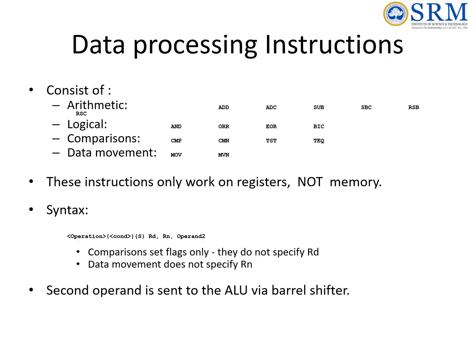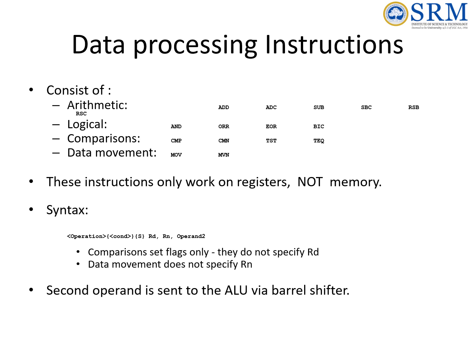The link bit is the 24th bit and the condition is bits 28 to 31, sorry. So data processing instructions consist of arithmetic, logical, comparison and data movement instructions. Arithmetic are ADD, ADC, SUB, SBC, and RSB, and logical are AND, ORR, EOR and BIC. Comparisons are CMP, CMN, TST, TEQ. Data movement is MOV and MVN.